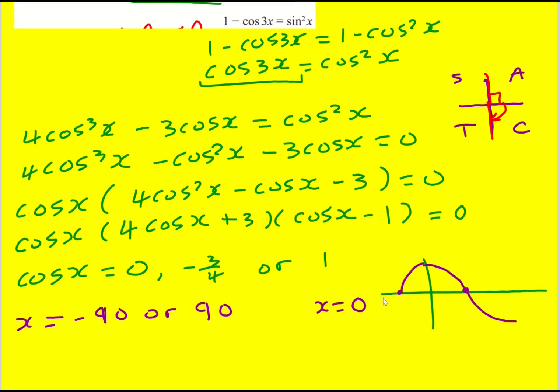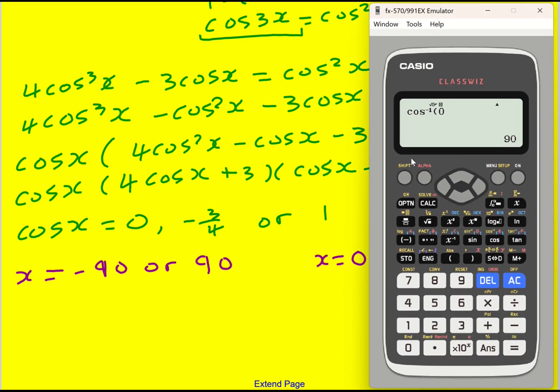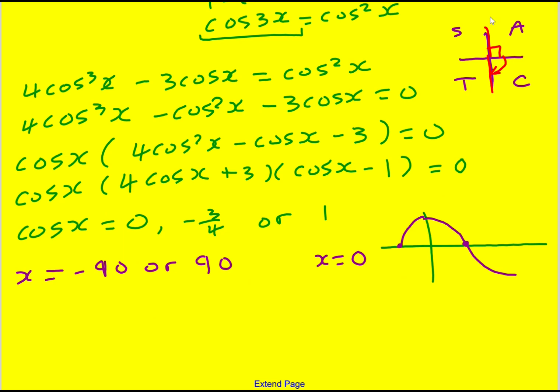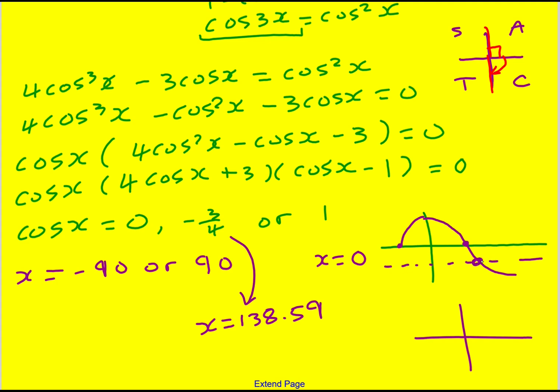And finally, the minus 3 over 4: inverse cos of minus 3 over 4 gives 138.59. We can see from the graph that it's just going to be here. There are no other solutions.